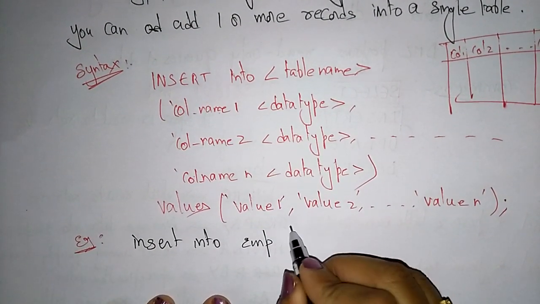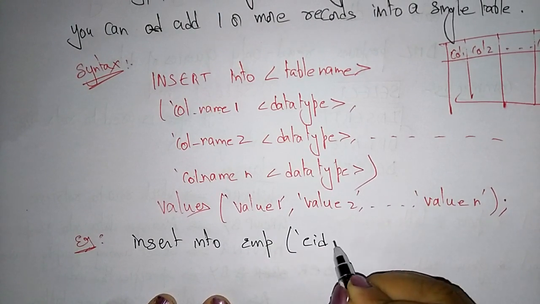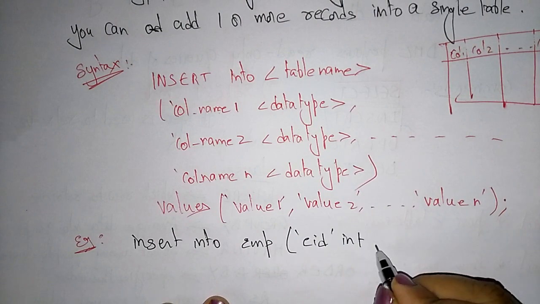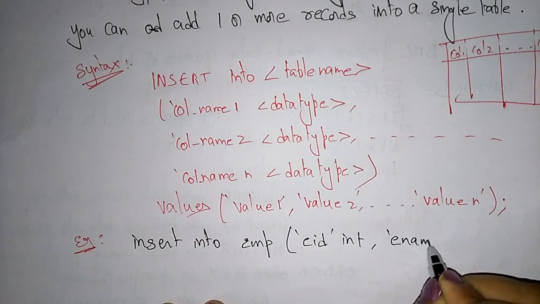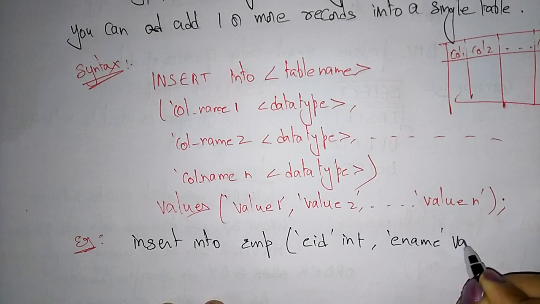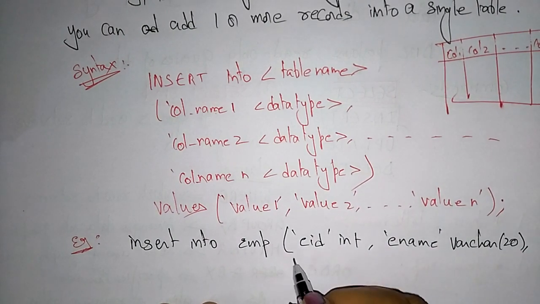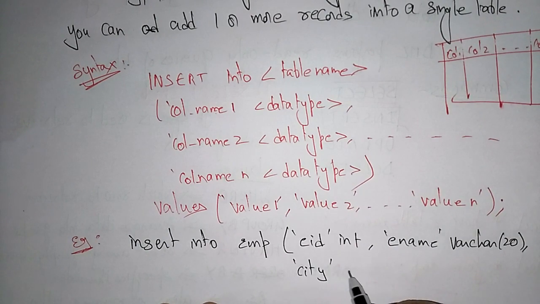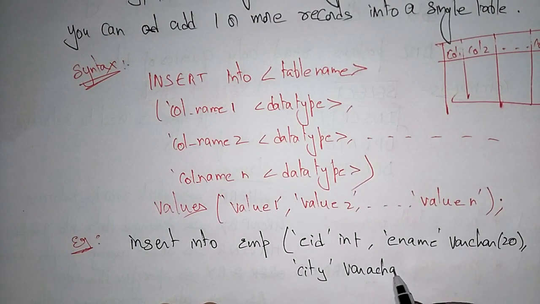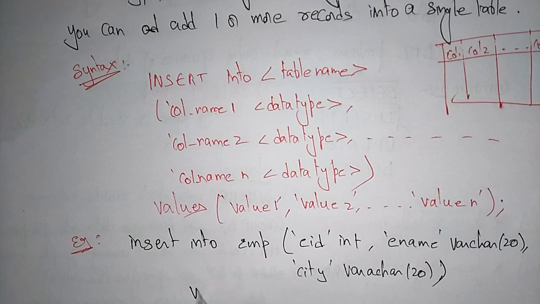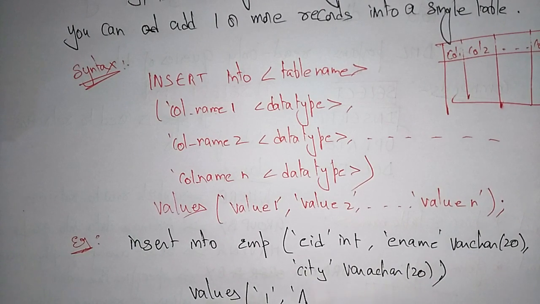First is employee ID of data type int, comma, employee name of data type varchar, and city of data type varchar 20. Now I am inserting the values 1, ABC, Pune.